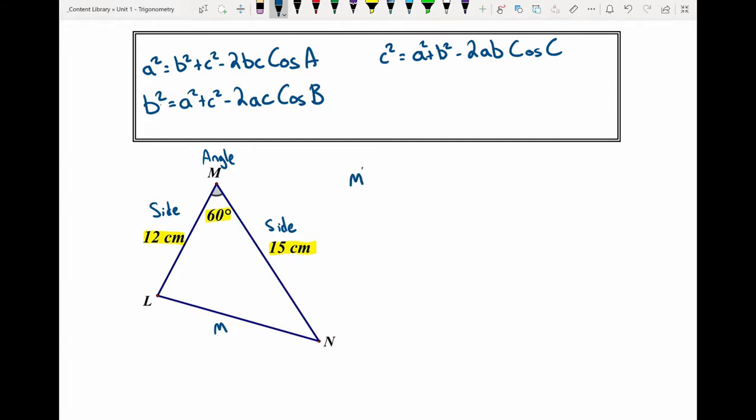So we have m squared, or the side that I'm trying to find, is equal to L squared plus n squared, so the other two sides, and it doesn't matter which one is which, minus 2 times L times n times cosine of the angle, which has to be paired up with the side. So that's how we see this is paired up with big M and little m.